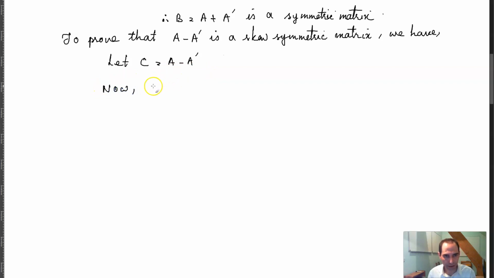Now I can say that C prime, the transpose of this matrix, is equal to A minus A prime whole prime.